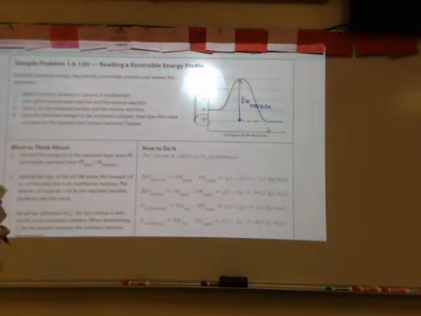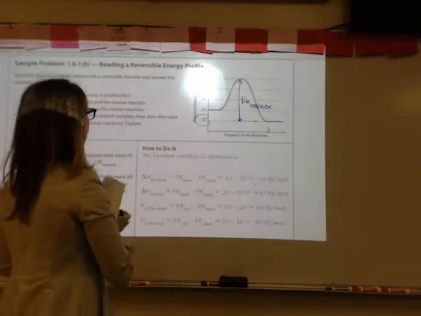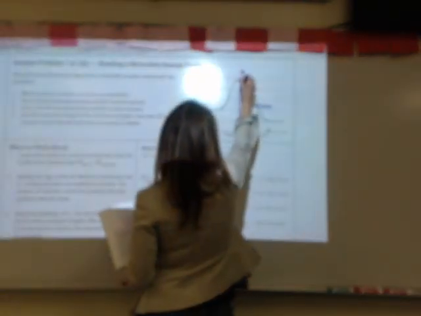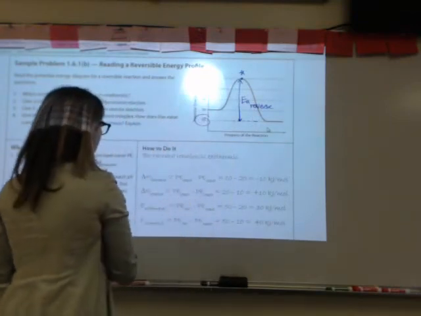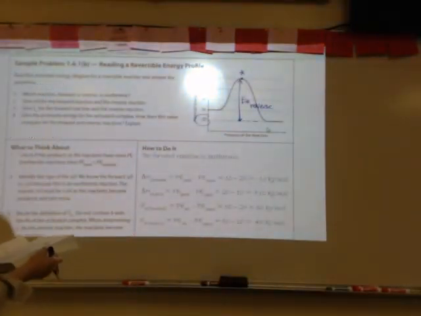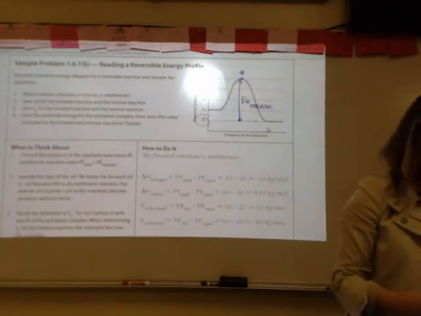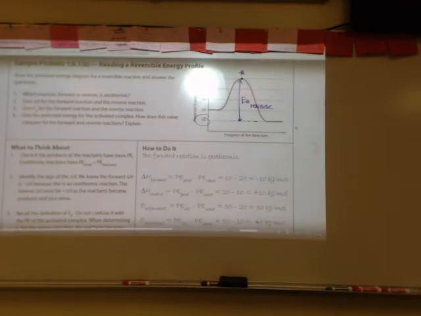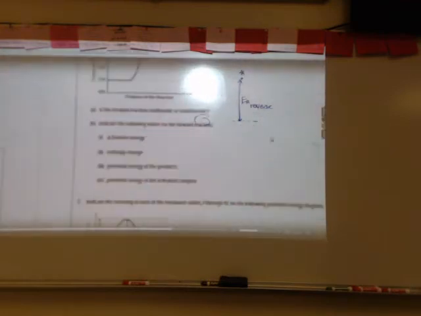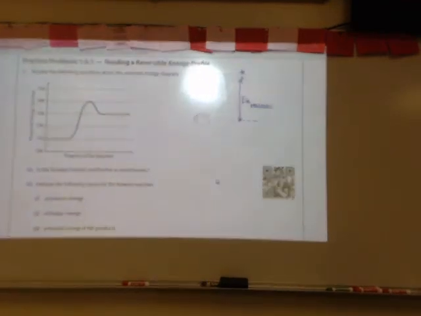Okay? The potential energy for the activated complex, my activated complex is up here at the top. 50 is going to be the kilojoules per mole for that, and it is the same for the forward and the reverse reaction. Now let's take a look at the practice problems here.